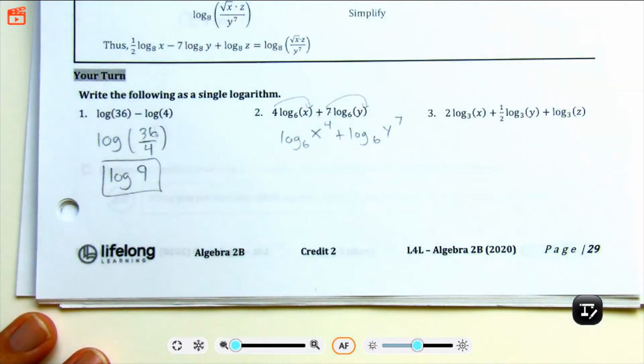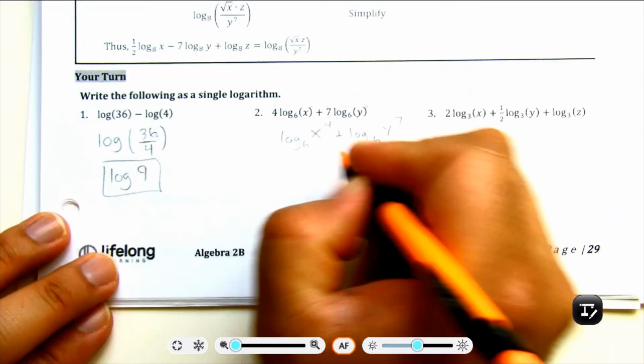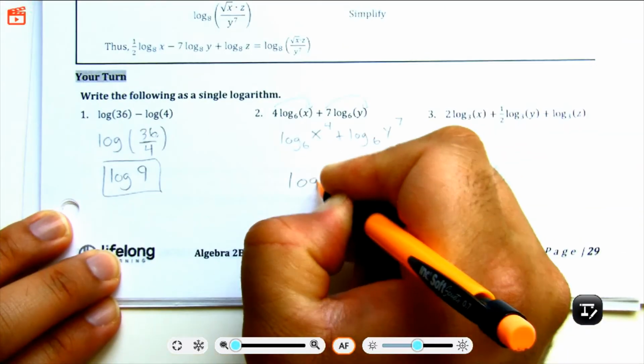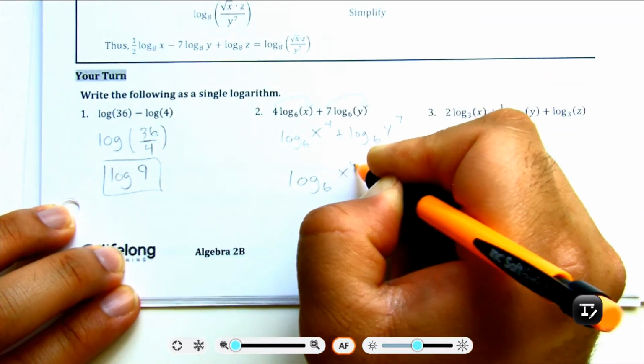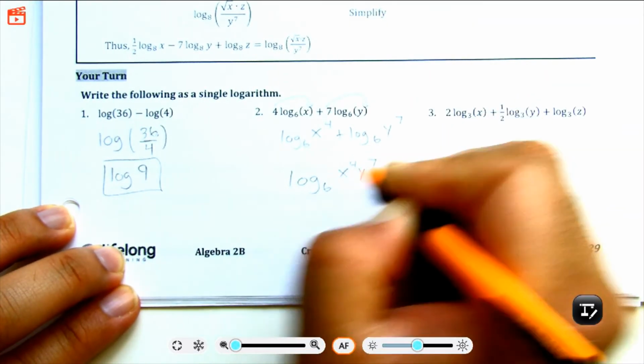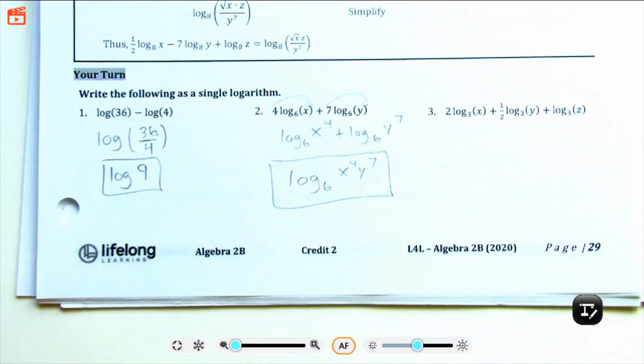Now I could use the product property and combine these as log 6 x^4 times y^7. And that is your solution.